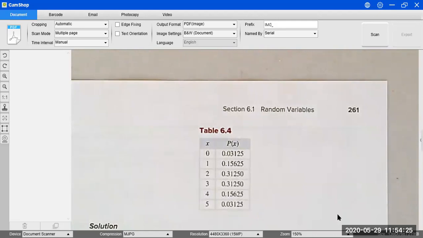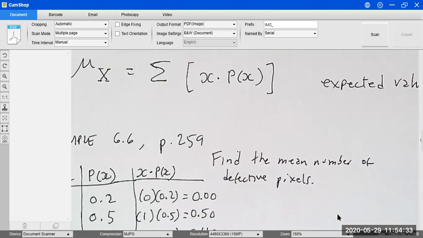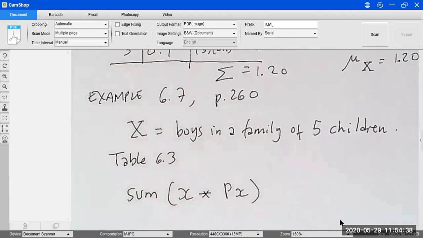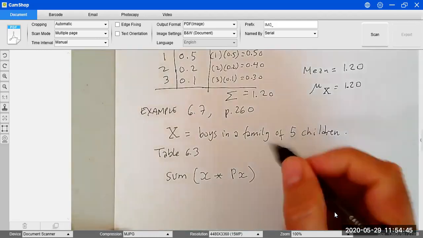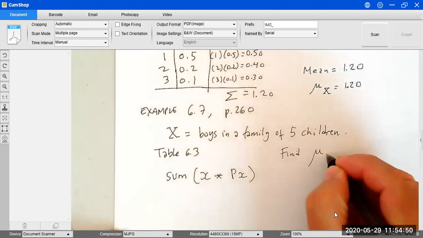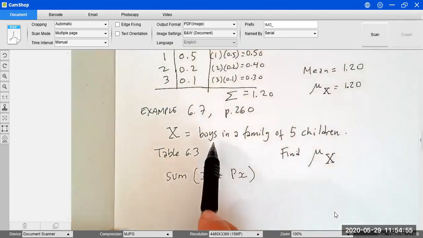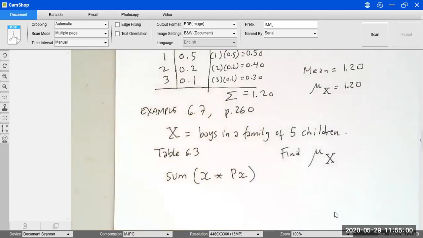Let's see. In this problem, the solution is very simple because we already have this information in R. We're going to find the mean of capital X, where capital X is now the number of boys in a family of 5 children.